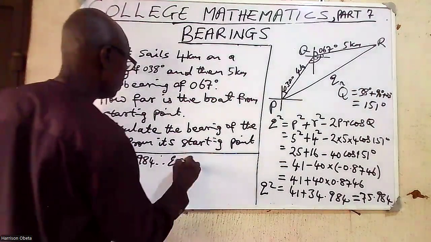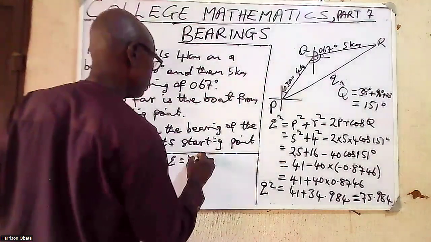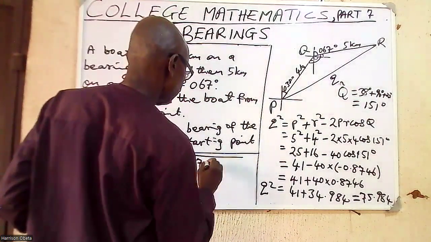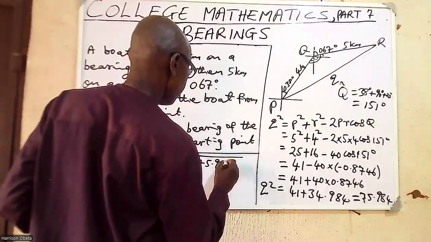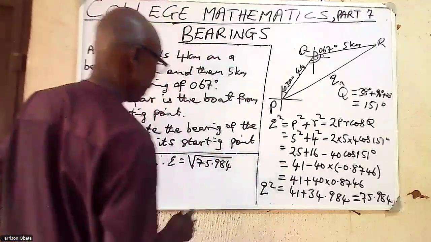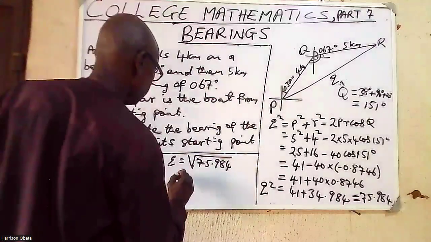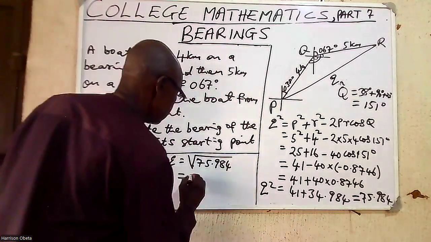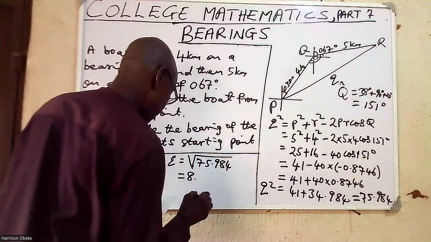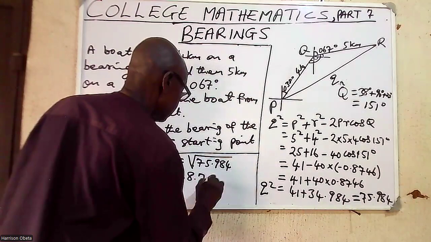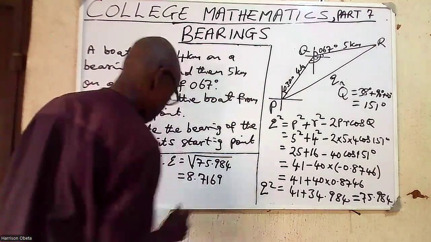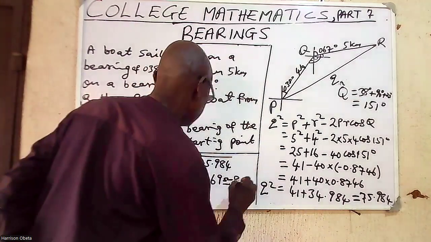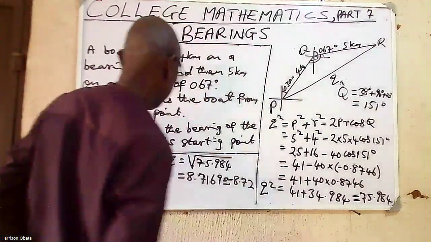Therefore, q is the square root of 75.984, which gives 8.7169, approximately 8.72.